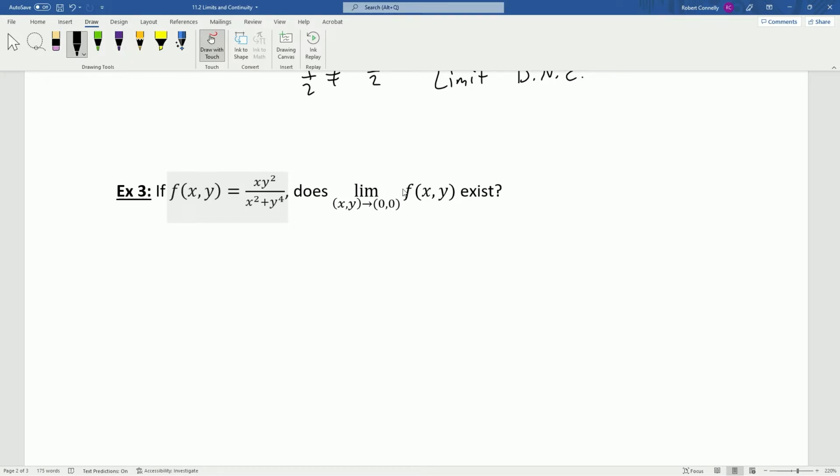Does the limit of this function exist as (x,y) approaches (0,0)? All right, so let's pick our first path, and we'll try y equals x, good old standby. So this limit will become the limit as x goes to 0 of x times x squared, which is x cubed, over x squared plus x to the 4th.